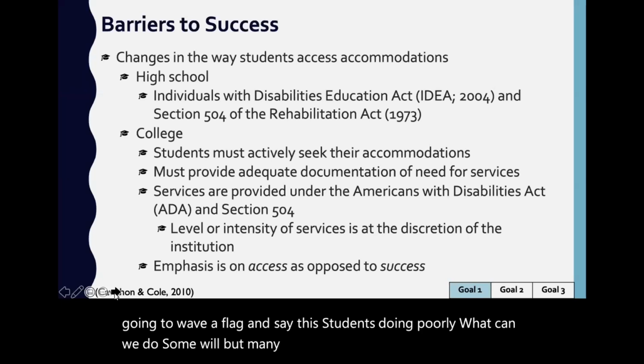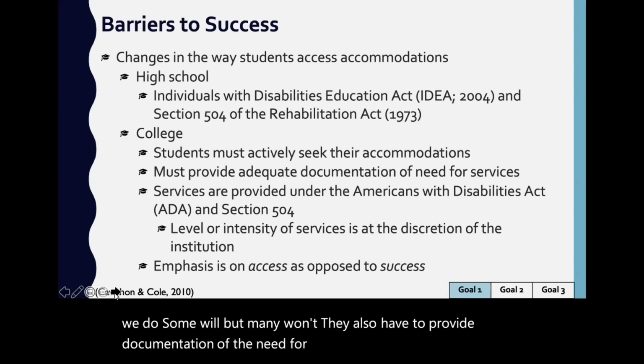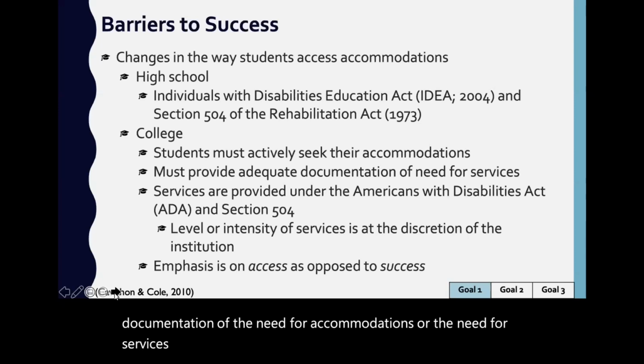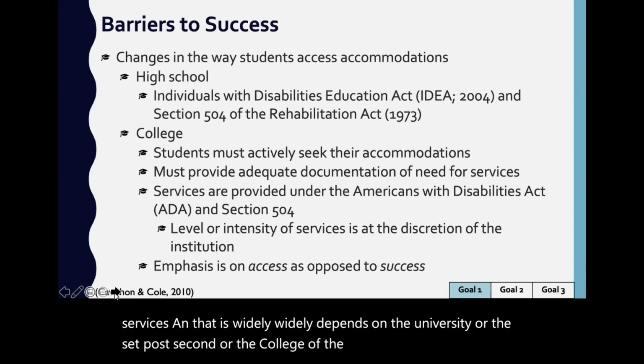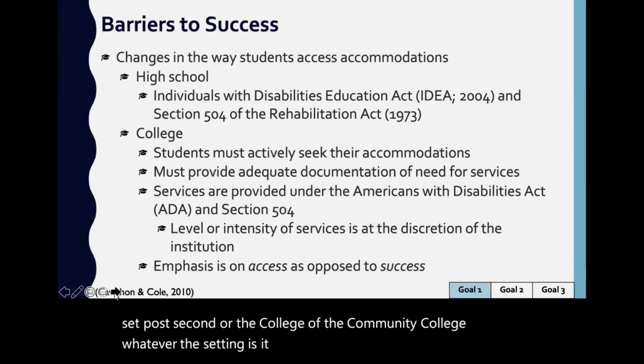They also have to provide documentation of the need for accommodations or services. That widely depends on the university or the post-secondary institution or community college, whatever the setting is; it's going to be a range of documentation.